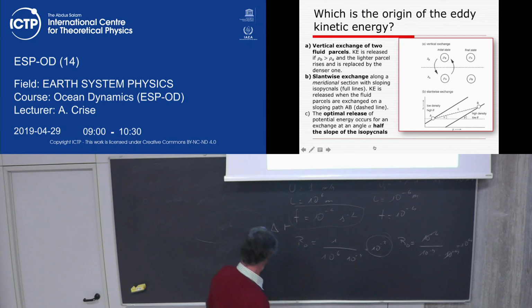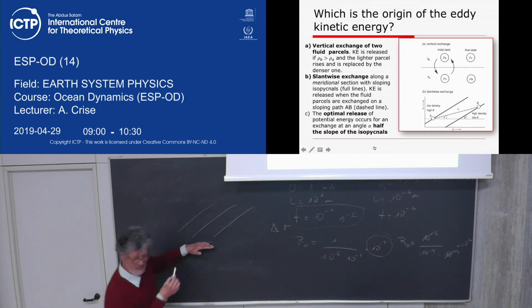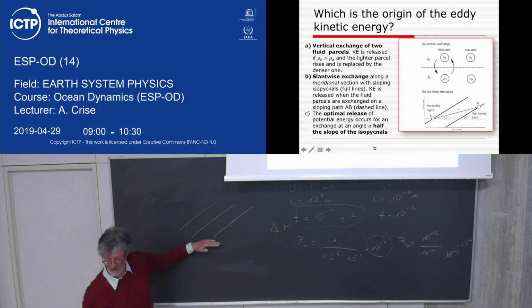And in this case, if you move northward, or also eastward, it is the same, because we just said that the stratification goes this way eastward, but northward is the same.